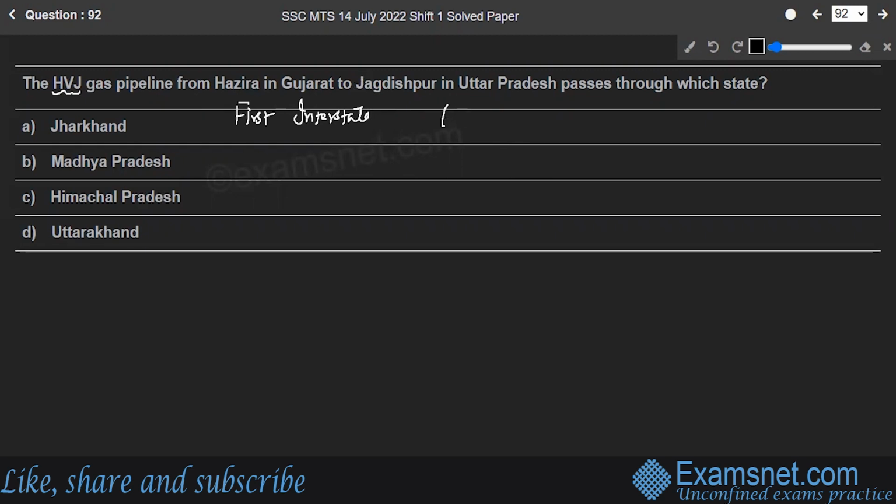This project began in 1986 with the establishment of GAIL Limited to feed gas to fertilizer facilities in the state of Uttar Pradesh. The HVJ pipeline network, with a capacity of 18.2 MMSCMD, was built to carry gas to fertilizer, power, LPG, petrochemical industries, as well as other industrial users in Gujarat, Madhya Pradesh, Rajasthan, Uttar Pradesh, Haryana, and Delhi. So, option B is the correct answer to the question, Madhya Pradesh.